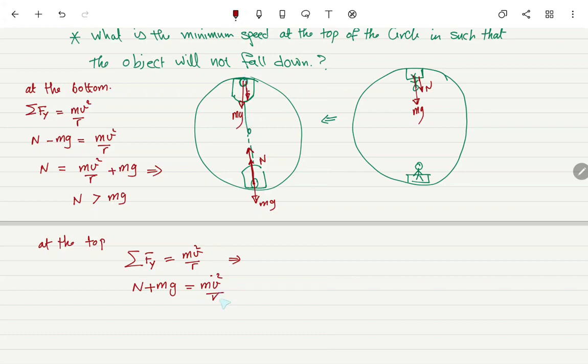So the normal force is equal to mv square over r minus mg, which means the normal force is actually less than the weight of the object. So to graph this one, it has to be shorter than the mg.